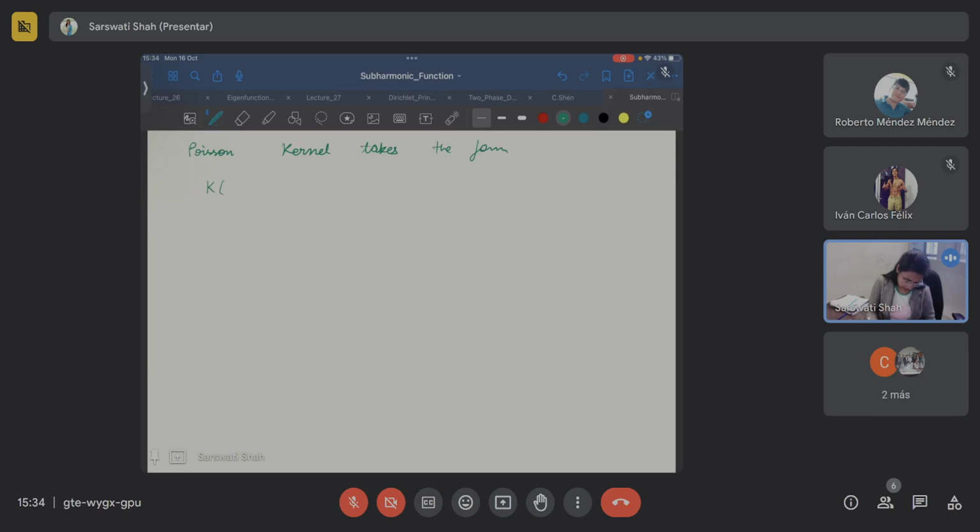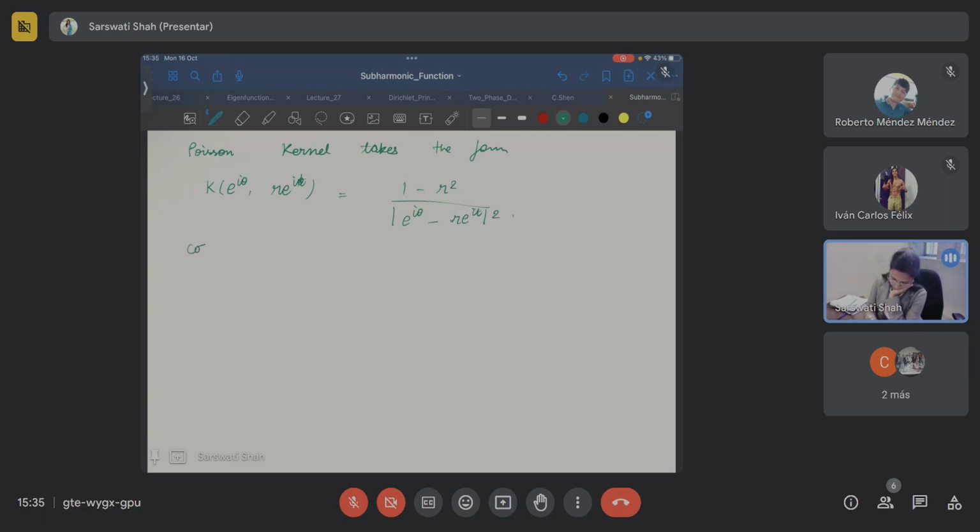So k equals 1 minus r square over modulus of e to the power iota theta minus r e to the power iota t, whole squared.